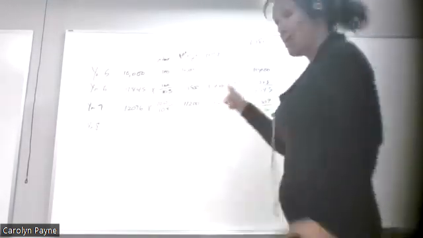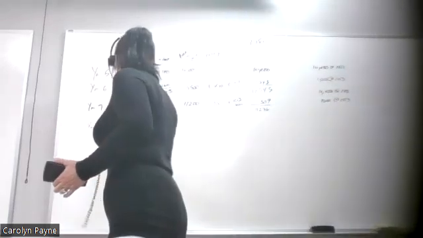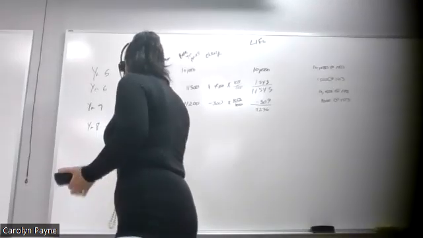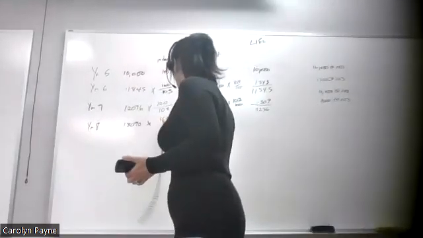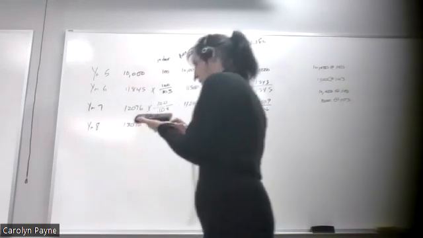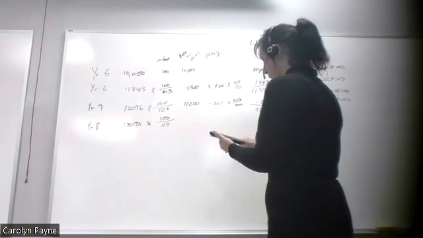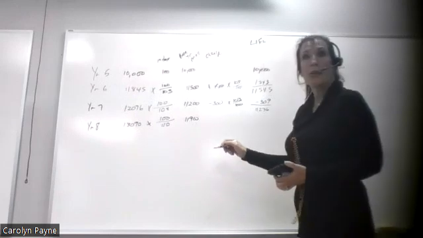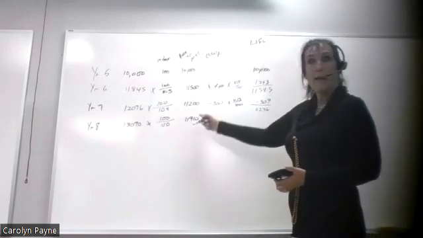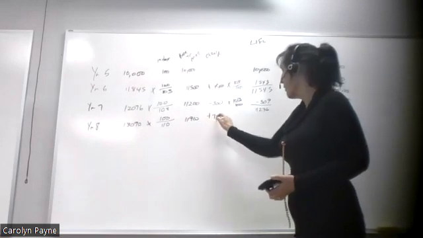Okay, so next, year 8 is 13,090, and the index is 110. So I have to convert that. That's 11,900. Calculate my change. It went up from last year by $700.